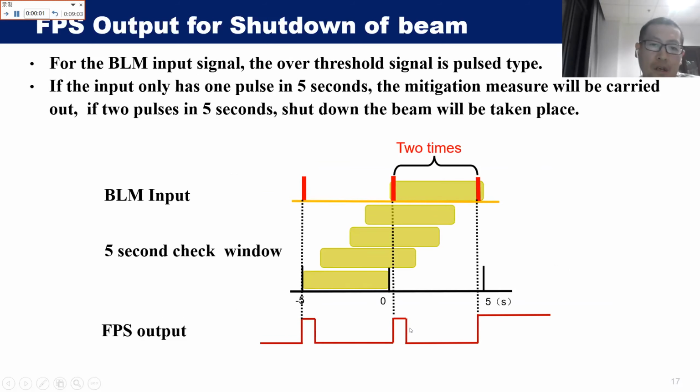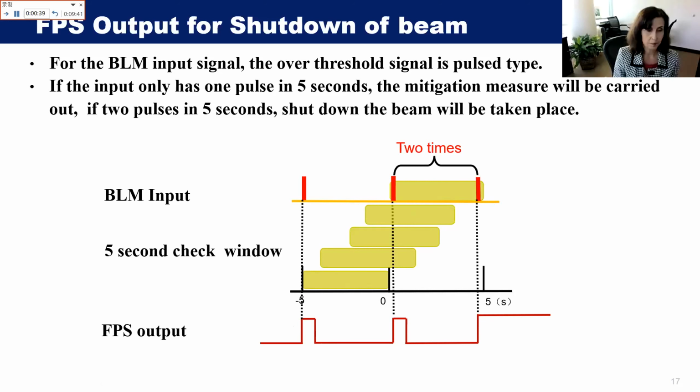Another case is for the beam loss monitor input, which is the pulse type. If one pulse is received, firstly, the mitigation measures are carried out. And if two pulses are received within 5 seconds, the FPS output will latch to the high level state. In this case, the machine will switch to the beam off state.